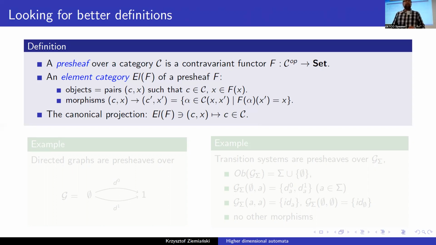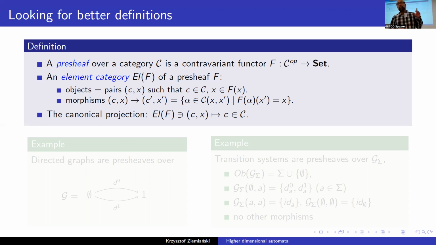So let me recall. A presheaf is a contravariant functor from some category to the category of sets. With every presheaf there is a connected element category, whose objects are elements of the values of your presheaf, and the morphisms are given by the operation of the presheaf on these objects. And there is a canonical projection.